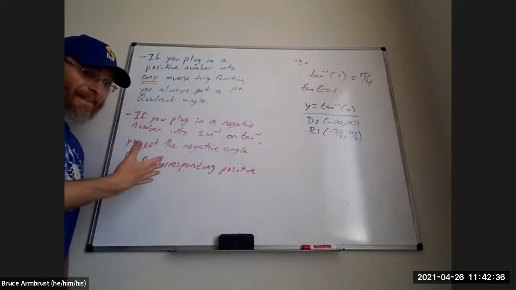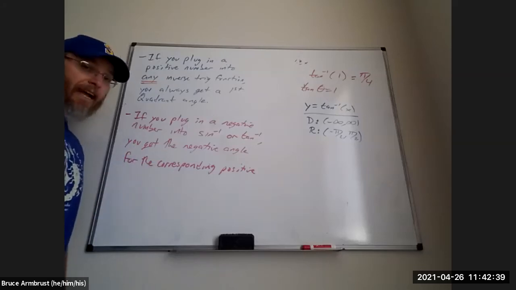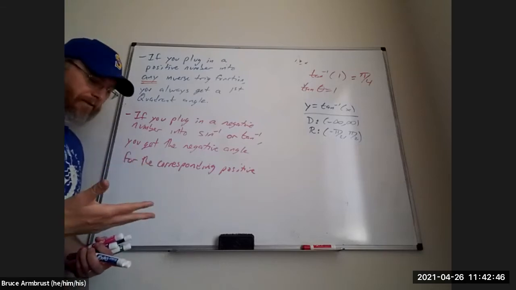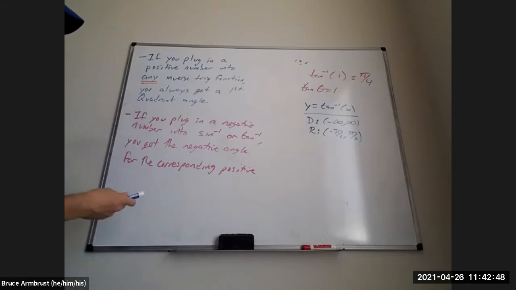So what I mean by this is when we have, say, sine inverse of a negative number, this is going to be negative what we would have gotten if we had done sine inverse of that positive. So let me show you an example.